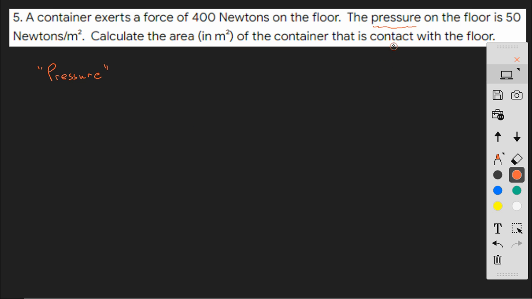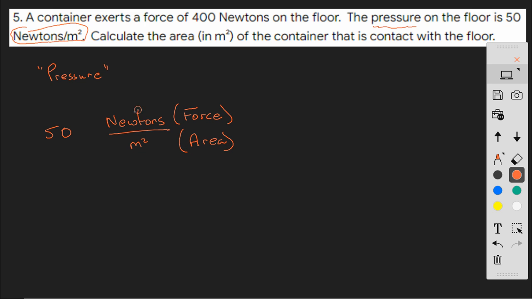So simply by being told that the pressure is 50 newtons per metre squared, and that the force is in newtons, now we know that area is measured in square metres.